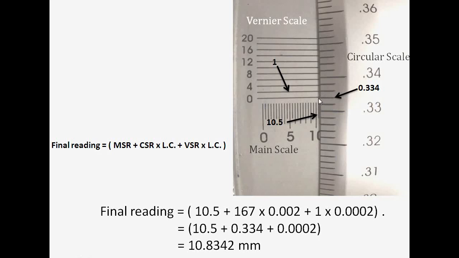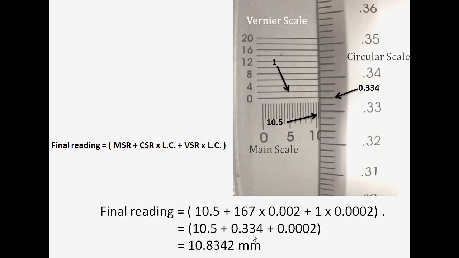This is the 167th division out of 250 divisions on the circular drum or micrometer drum. So here I am going to write 167 and the least count, the LC. The value of CSR is 167 and the least count up to CSR is 0.002. If you carefully observe, the multiplication of both values is 0.334.